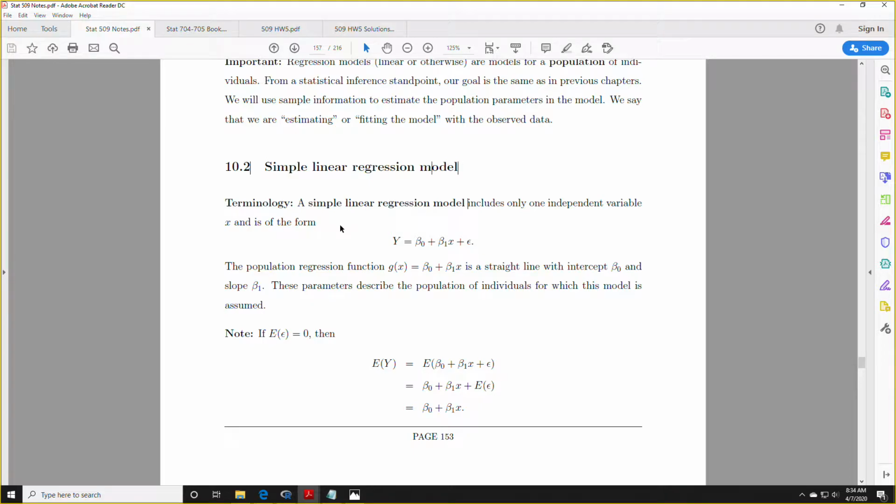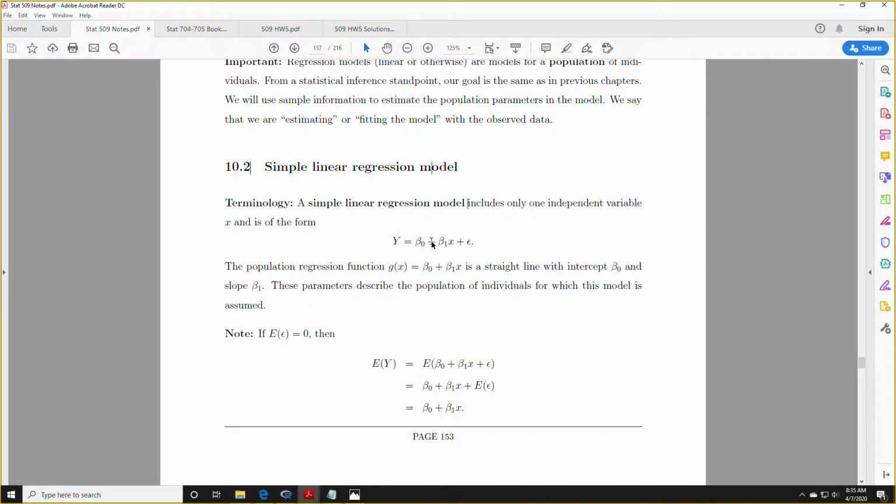Okay, so again, simple linear regression. The goal is basically to fit a straight line through a set of data. For the simple case, it basically just means we have two variables. One is the variable that we're interested in, the outcome variable, the response variable, and the other variable is a predictor variable.